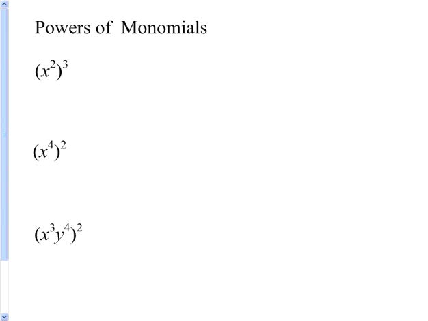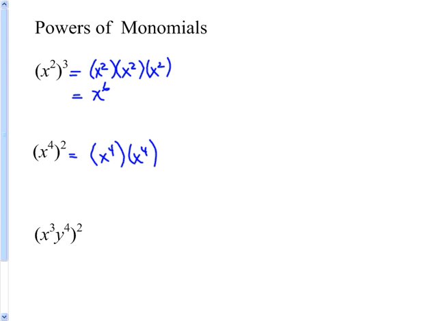What about when we have a power like this, a power of monomials? Well, really what this means is x squared times x squared times x squared. And we know from the last time that we add those exponents together, we get x to the 6th. This one really means x to the 4th times x to the 4th, and we add those together, so that's x to the 8th.